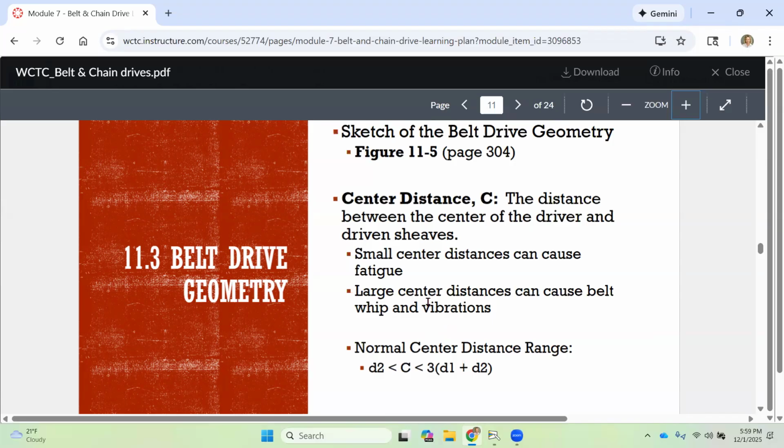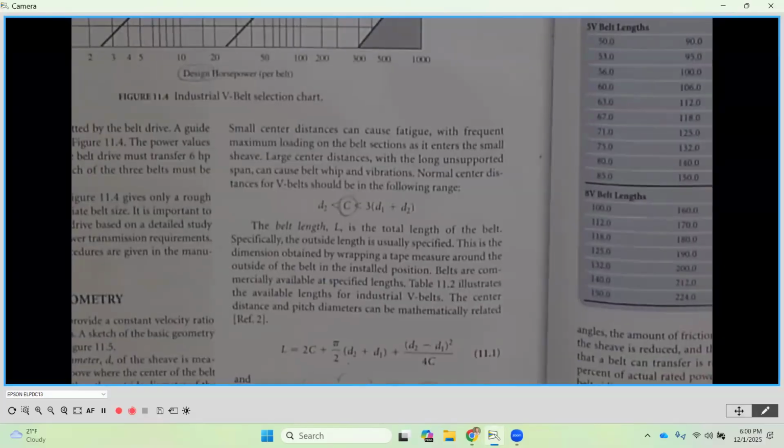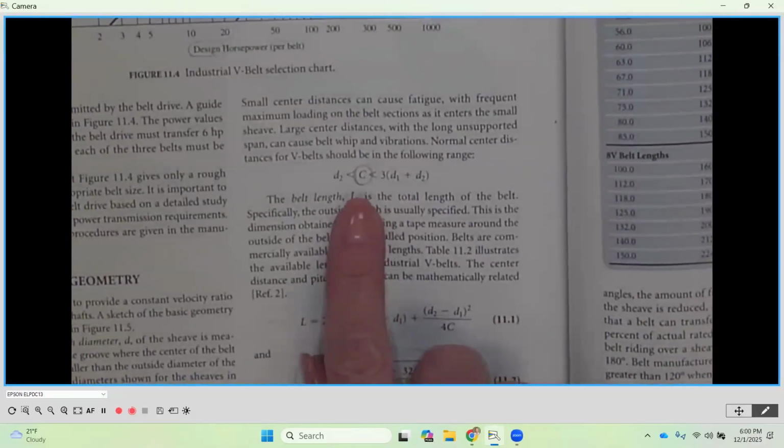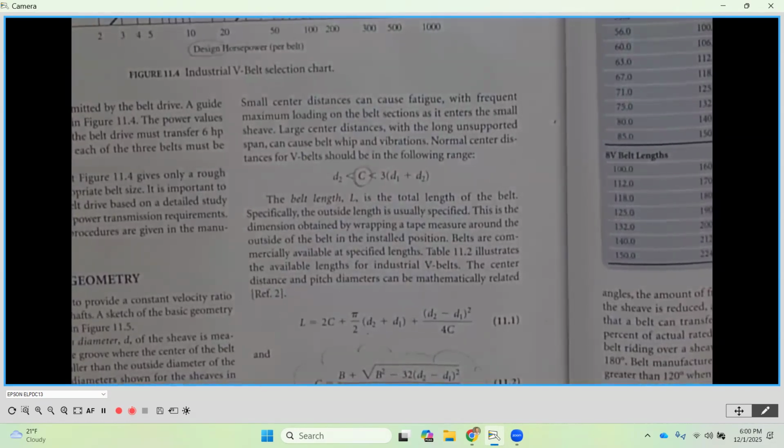We want to make sure that with small center distances we're in a good range. So we use the equation down at the bottom of my PowerPoint, which is also found on page 304, in the second column. And this is going to give us a nice range for our center distance to land.